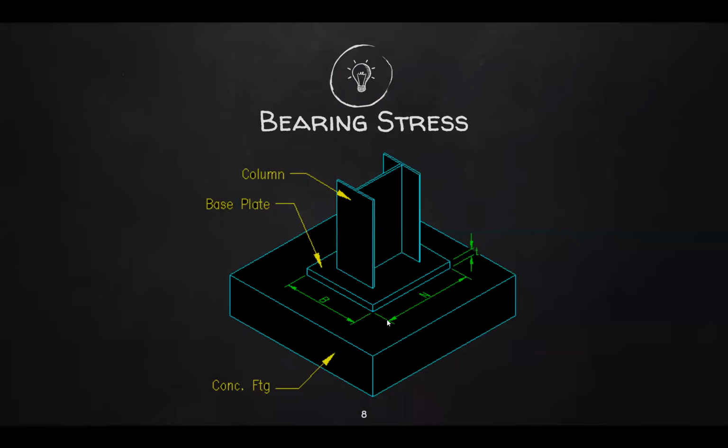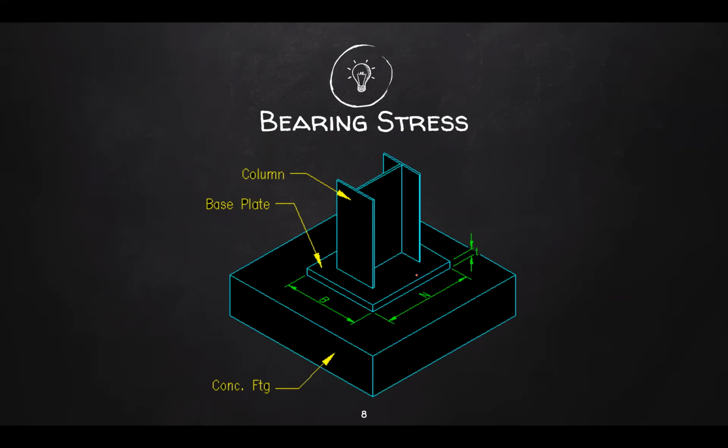So for example, here we have a steel column, your bearing plate, and a concrete footing. Without the base plate, the force in the column is distributed over a very narrow area. If you can imagine, it's just over here, very narrow, very small.